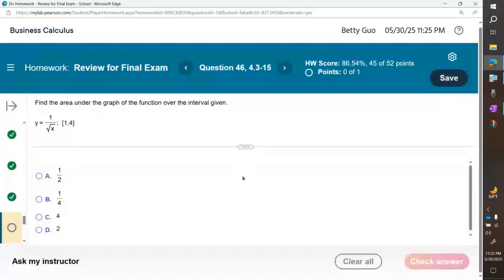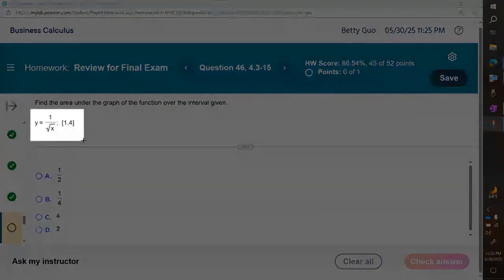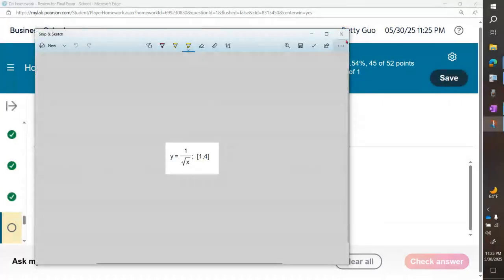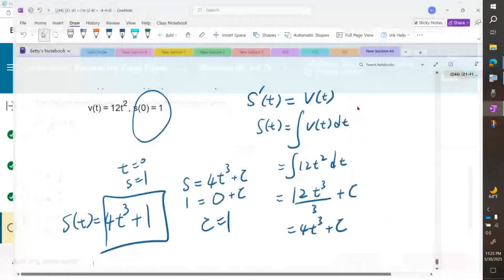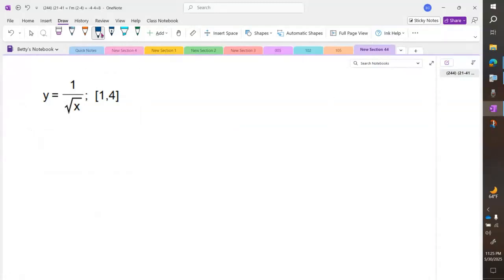Question 46. Find the area under the graph of the function over the interval given. We are looking for a definite integral from 1 to 4, 1 over root x dx.